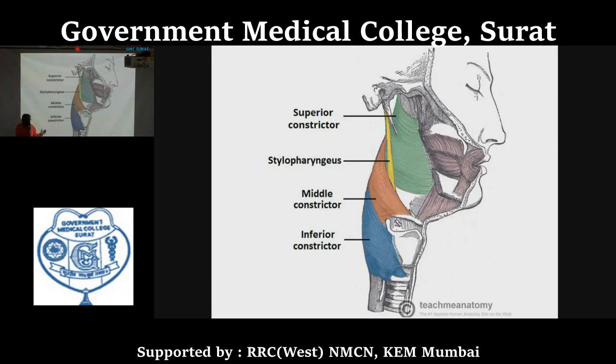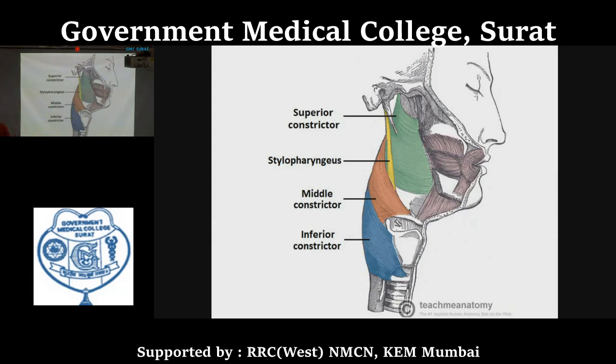Both these parts differ structurally as well as functionally. The thyropharyngeal part acts as a propulsive part, while the cricopharyngeal part acts as a pincher, a pinching part of this inferior constrictor. That we will discuss in deglutition. As far as the insertion is concerned, recall that all these pharyngeal constrictors have the same insertion, that is the posterior median raphe.